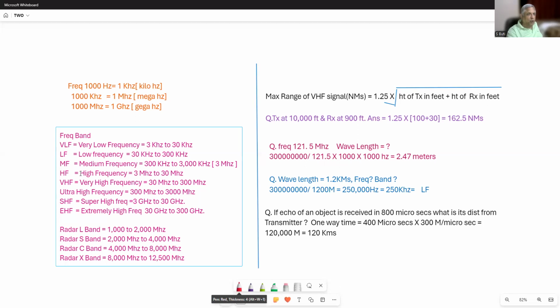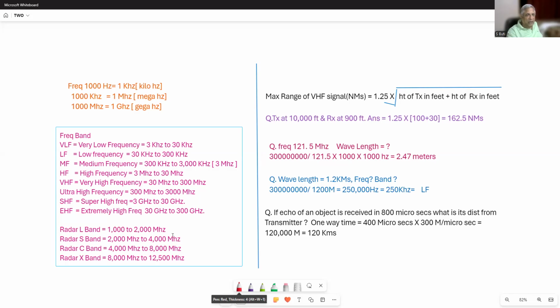Most of your radio with the tower, the long range RT, will be on high frequency, 3 megahertz to 30 megahertz. And with the tower, you will be working on VHF, very high frequency. Most of the navigational aids also are on very high frequency, or UHF.